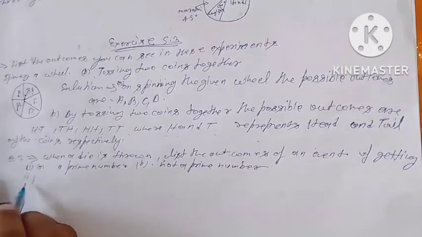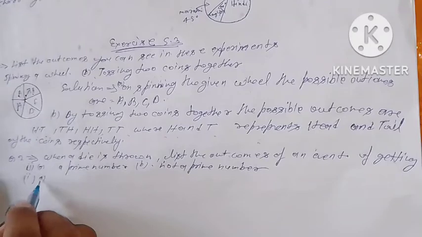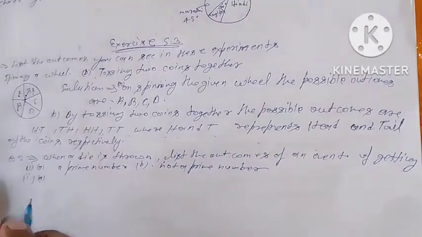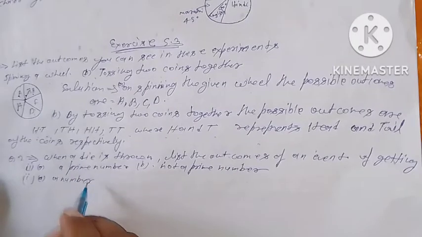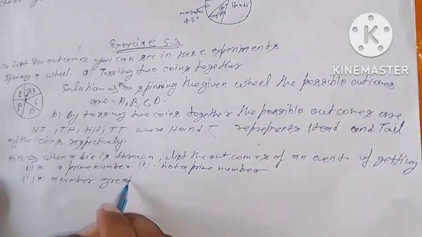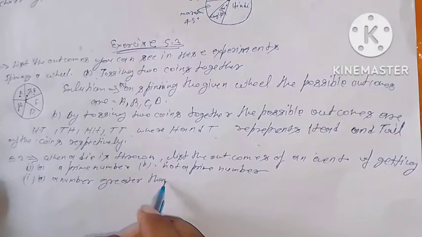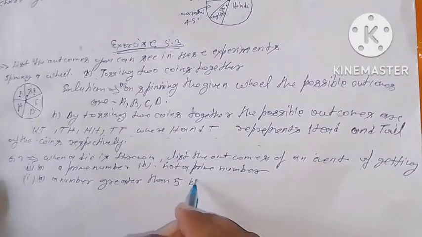Second question, a number greater than 5; a number not greater than 5.